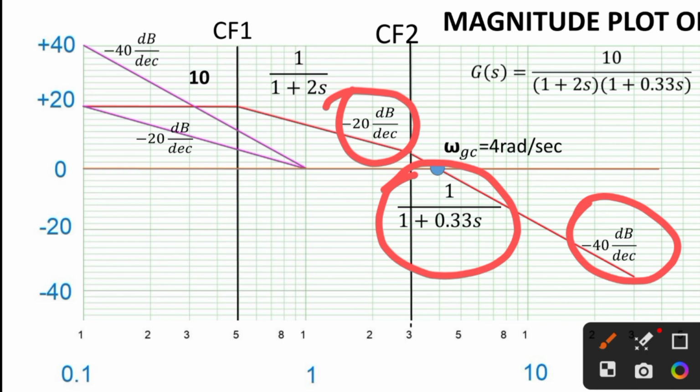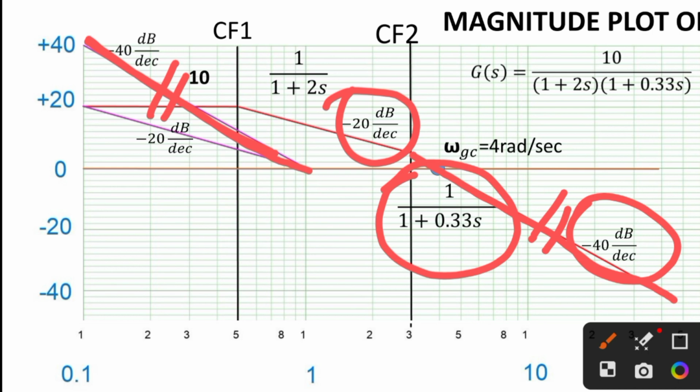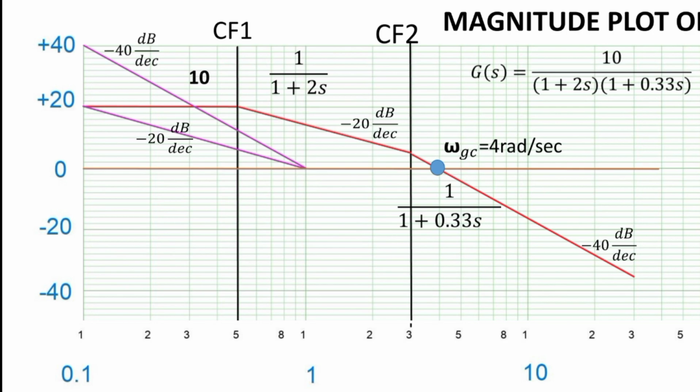So draw a line parallel to the minus 40 dB per decade reference line from the second corner frequency; these two lines are parallel. I hope you understand.